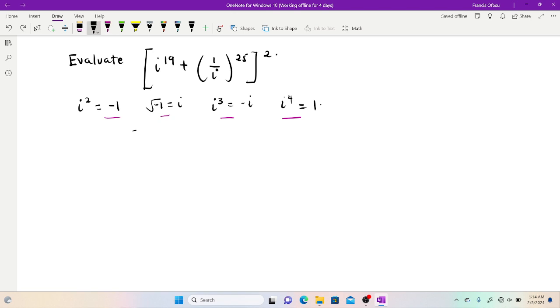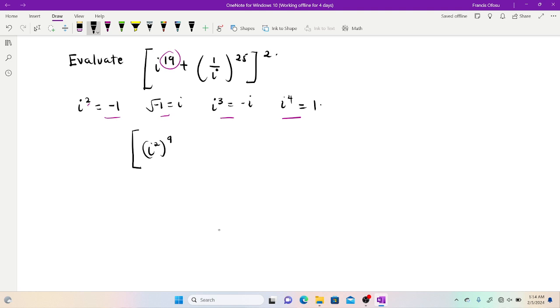If you have 19, let's take the i squared. So 2 goes into 19, 9 times. Then remainder 1. So what you are going to do is, you write i squared, then 2 went into 19, 9 times.